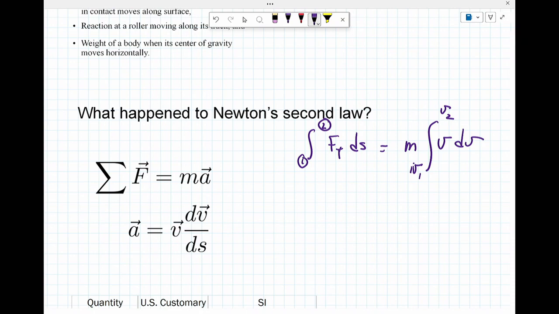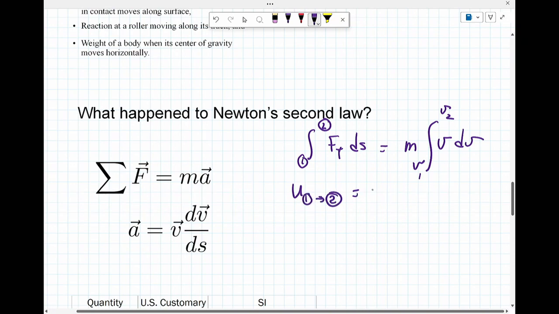So if I have a force acting in some way, for example, if I'm running around with a weight and I want to know what's happening or if that weight has changed, I can integrate from position 1 to position 2 and look at my initial speed and my final speed, and calculate my final speed. So this first term is just work.